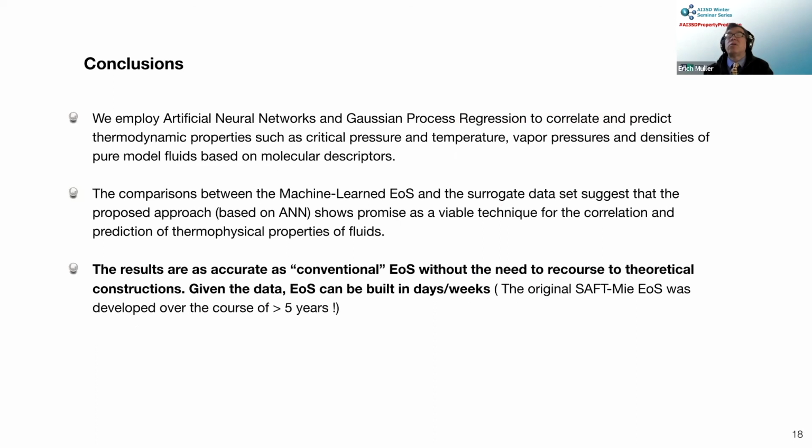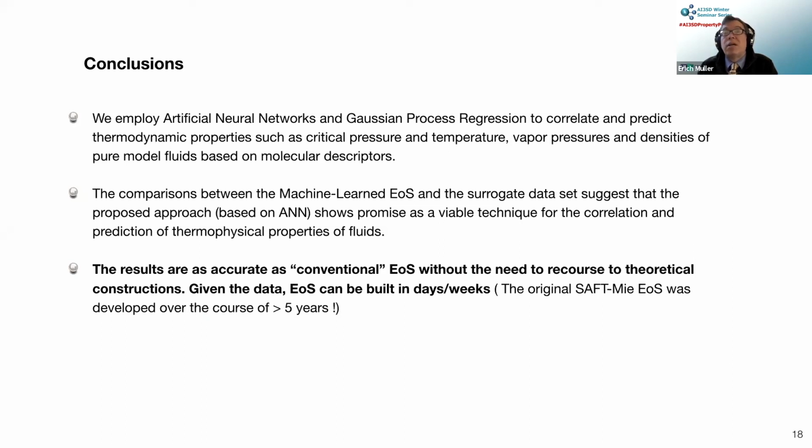So as a conclusion, we could use ANNs, or Gaussian process regression, to correlate and predict thermodynamic properties based on a few simple molecular descriptors. And what we learned was that ANN actually showed promise as a viable technique for correlation, actually above what we saw for Gaussian processes.